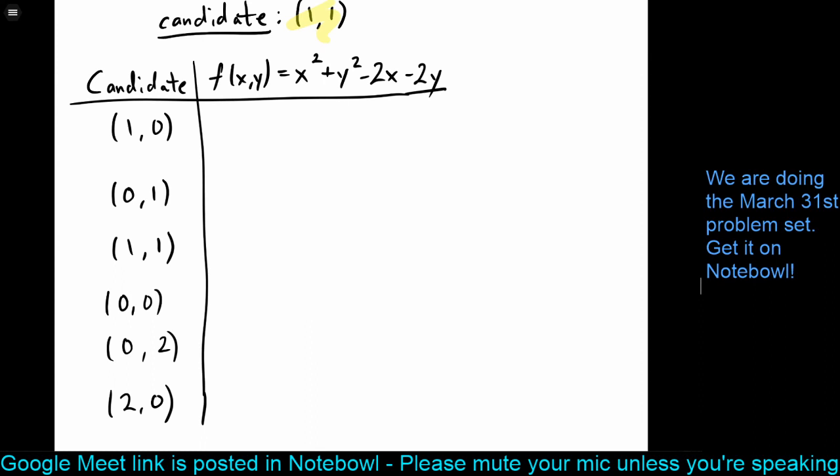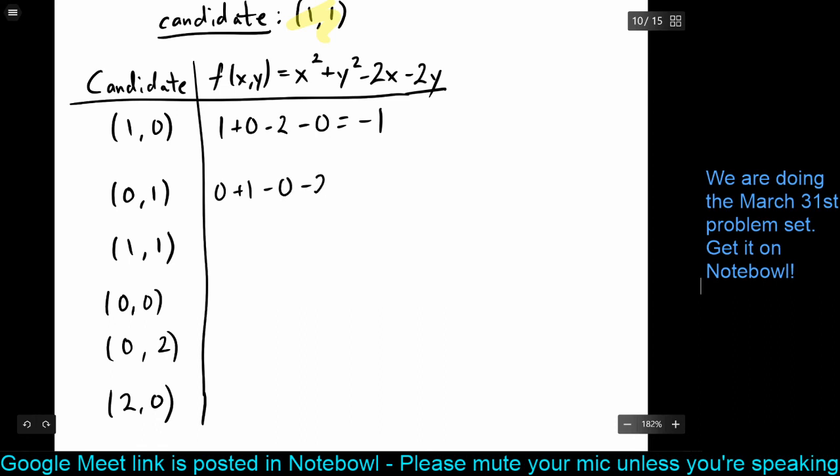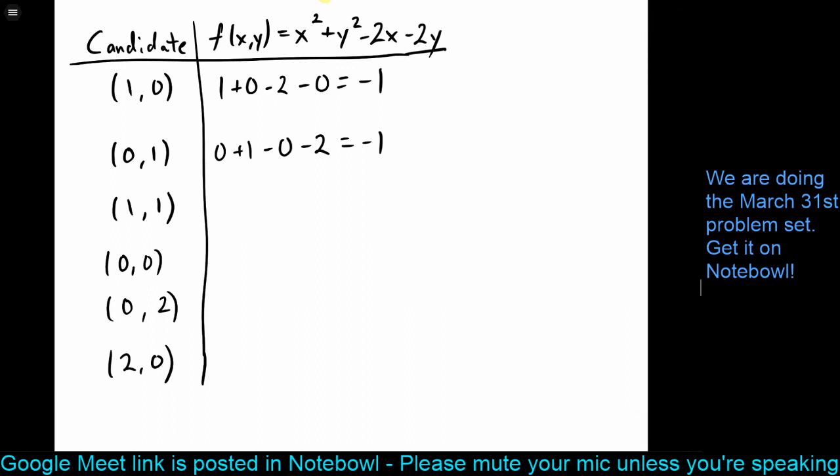Now we just gotta do all the fun work of plugging these into the function. Right, so this is going to be 1 plus 0 minus 2 minus 0. So that's negative 1. Plug in 0, 1. We get 0 plus 1 minus 0 minus 2, which is also negative 1. Plug in 1, 1. We're going to have 1 plus 1 minus 2 minus 2, which is negative 2.